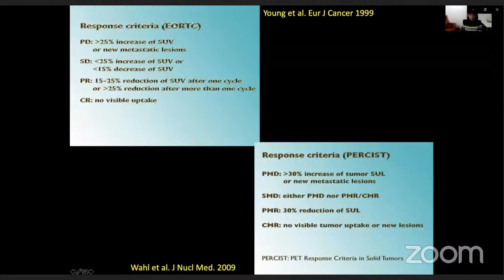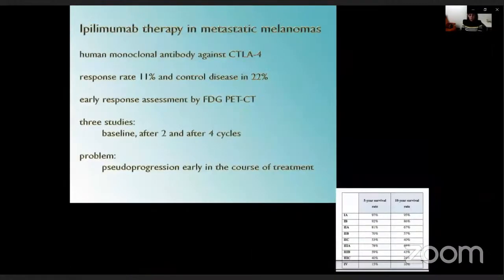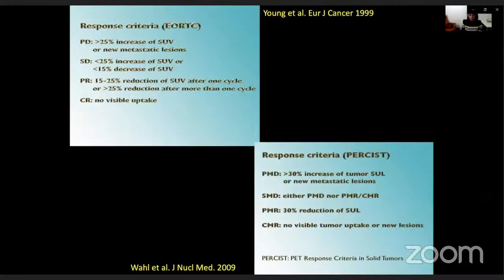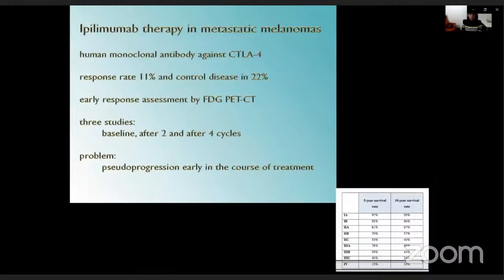So in EORTC I have a cutoff between 15 and 25%, and in the PERCIST criteria, the cutoff is about 30%. But these criteria are not proper for immunotherapy monitoring, because one new lesion in both sets of criteria is related to progressive disease, and this is not the case for immunotherapy monitoring.